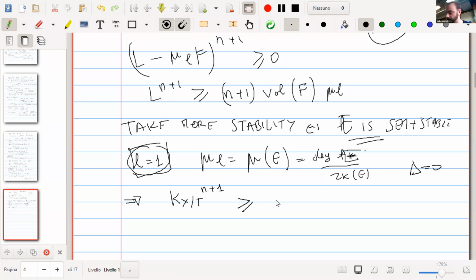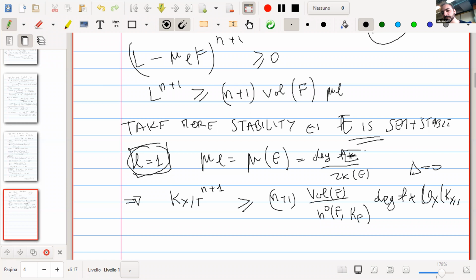It is at least (n plus 1) times the volume of a fiber divided by the H0 of a fiber with the canonical bundle, times the degree of this push forward. Okay. So that's a slope inequality we can prove this way.